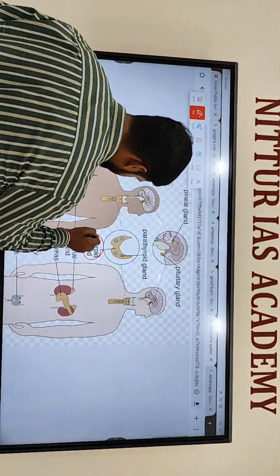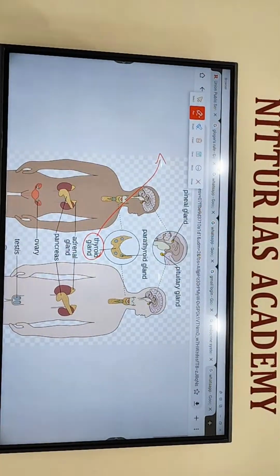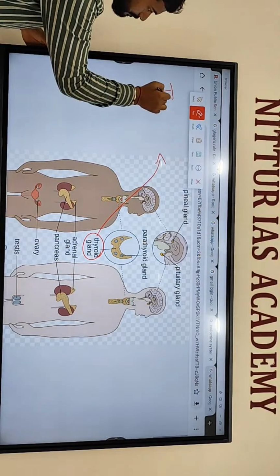The thyroid gland secretes which hormone? Thyroxine. It secretes thyroxine.